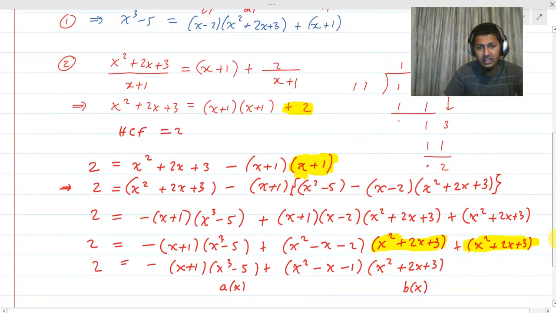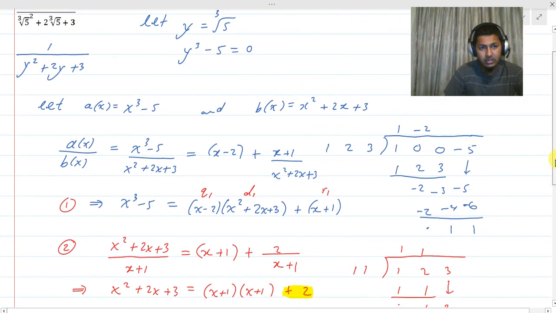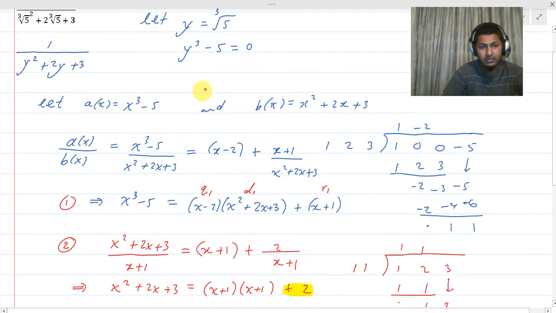Now note that, remember we've got an x over here. We set up two functions a of x and b of x because of these, right? So remember, when we set up these functions, what we can say is let gamma be equal to x. That's what we should have said.